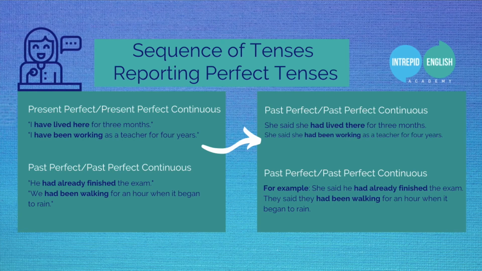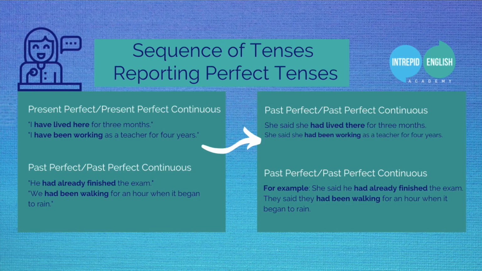Past perfect and past perfect continuous. So he had already finished the exam and we had been walking for an hour when it began to rain. When we're reporting it, they stay the same, right? But we add the additional information. She said he had already finished the exam.